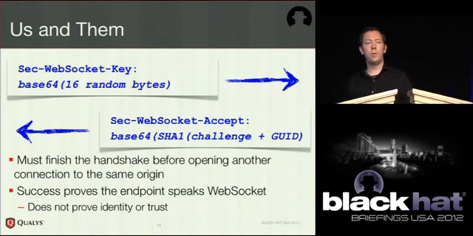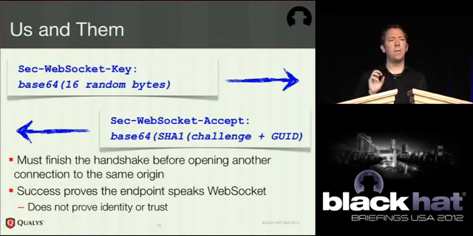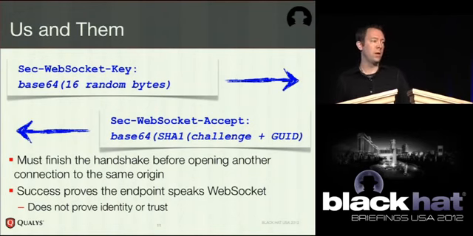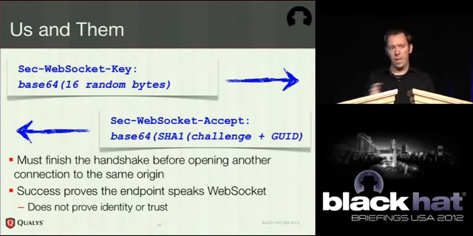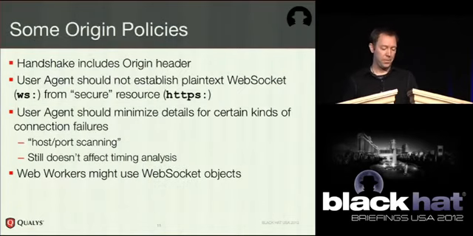It's not supposed to prove that you're still speaking to the same server you thought you were at the beginning of the connection, nor that the server hasn't been compromised, or is legitimately www.foo.com. The only thing here is identifying the endpoint to prevent things like cross-protocol attacks, so that you can't turn that WebSocket and make it talk to an SMTP server, start sending spam mail or something like that. So I just want to highlight that it's just about identifying the WebSocket, not identifying the server.